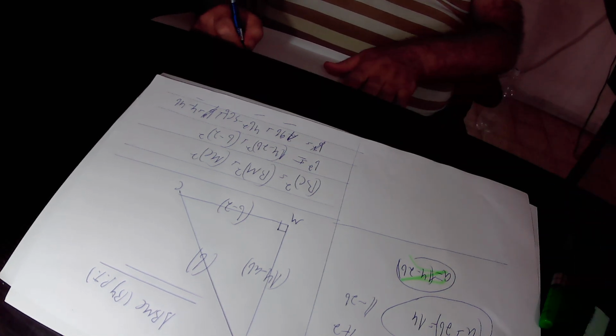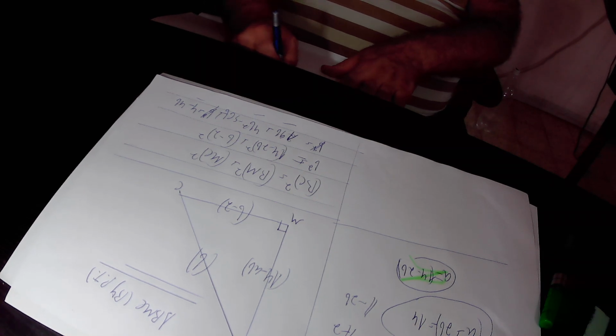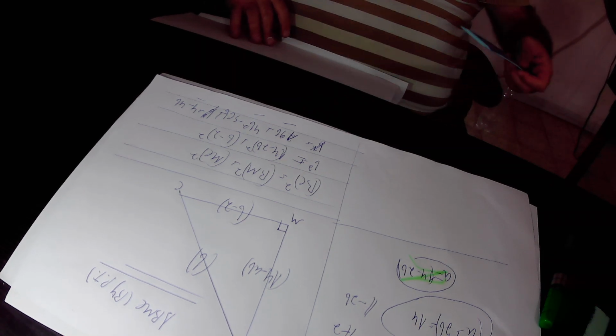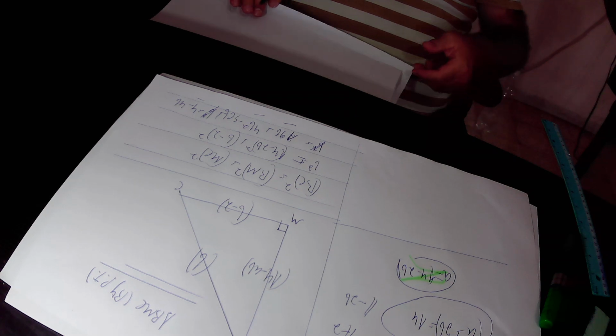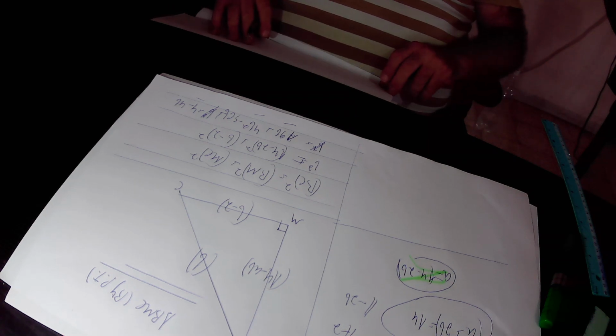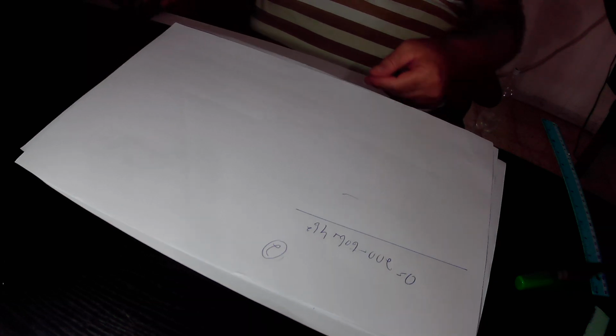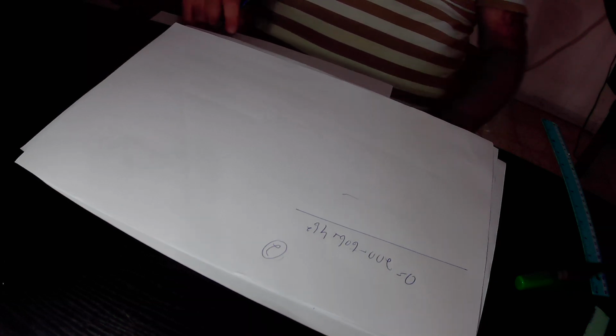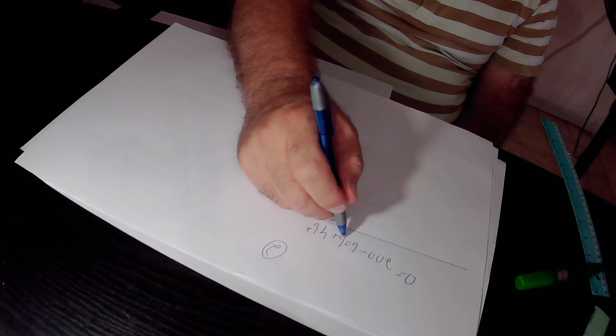So we actually found out that 0 equals 200 minus 60b plus 4b squared.